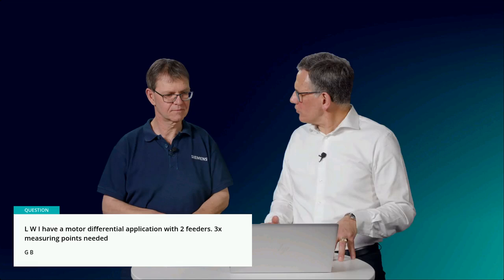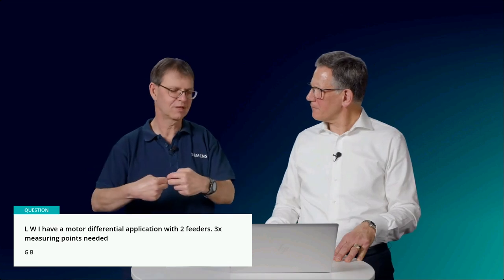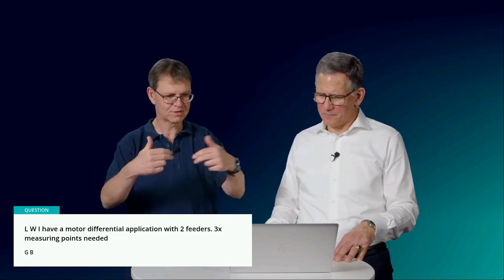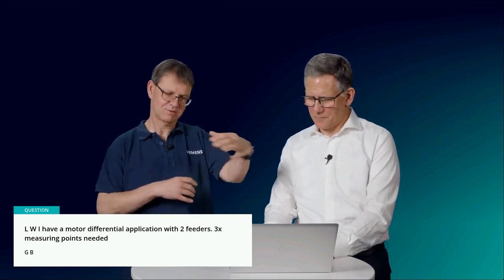Okay. LW asked us, I have a motor differential application with 2 feeders, and there are 3 measuring points needed. Klaus, can you take over that? I guess you have somehow 2 infeeds to the motor, like we can have for a transformer, for example. Then I see 3 measuring points, and we can handle that very simply.